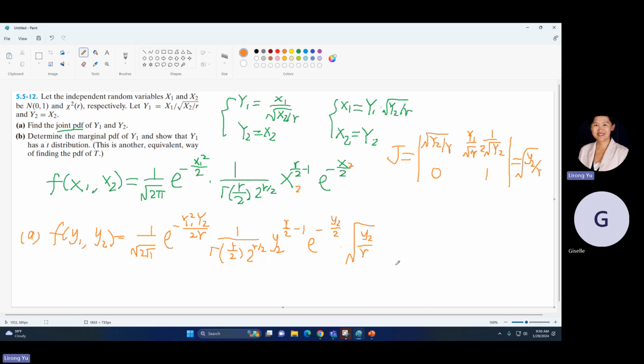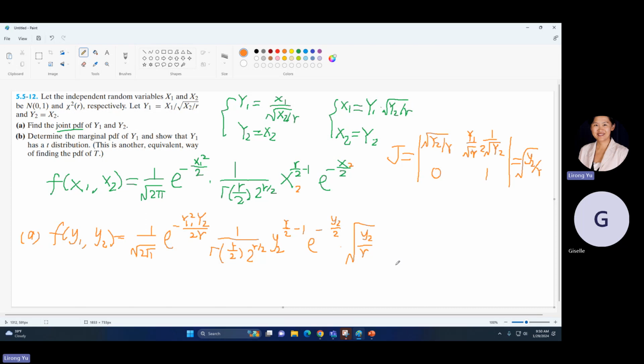And then you're probably going to combine like terms. The exponential part, like this one will combine with this one, and then you will combine the power part, the y2 to the power 1/2. There's a y2 to the power r over 2 minus 1. So the 1/2 power plus the -1 power give you -1/2. So kind of change that part. This is a root of r. We already have an r to a certain power, that would be in here.